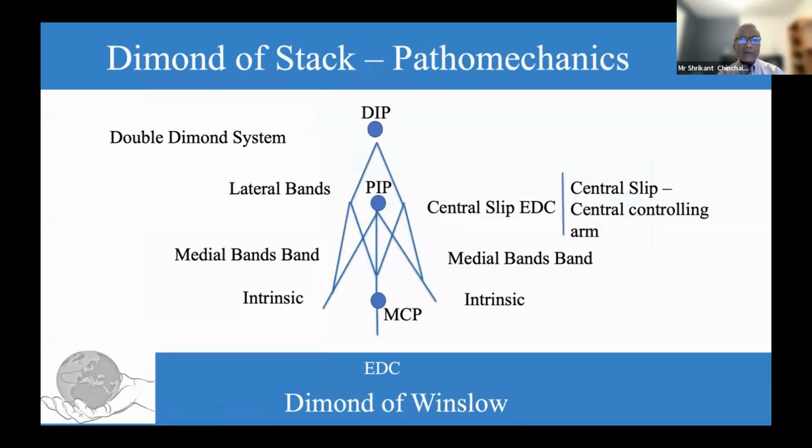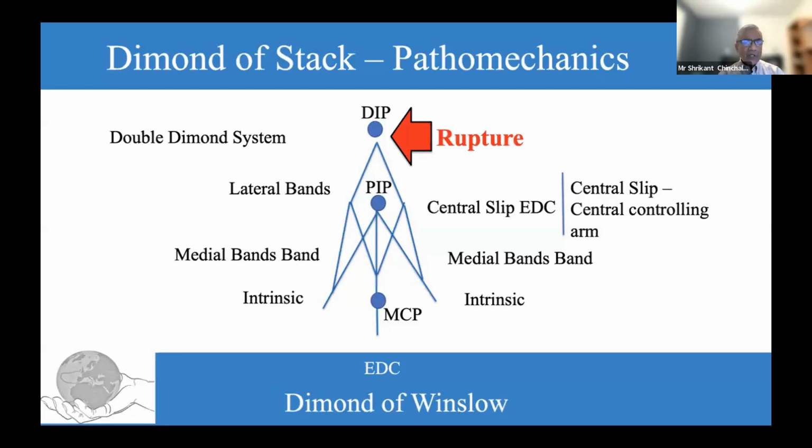Stack identified that the extensor system is in the form of a diamond. Similarly, Winslow also identified that the shape of the extensor system is in the form of a diamond. So let's see, based on the diamond of Stack or the diamond of Winslow, how we describe this pathomechanics leading to secondary swan neck deformity.